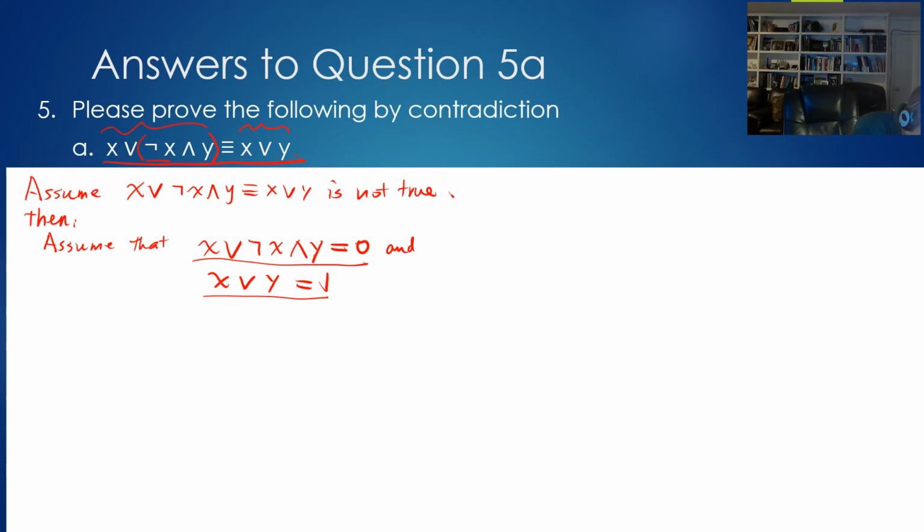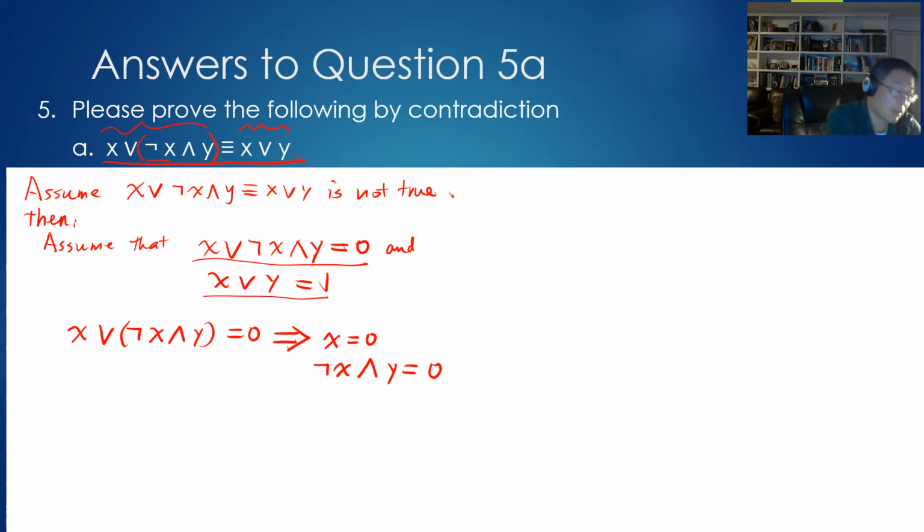So now, because we assume that the left side is 0, then we have x or (negation of x conjunction y) is 0, and this leads to the conclusion that x must be 0, and negation of x conjunction y must be 0. Now why this?